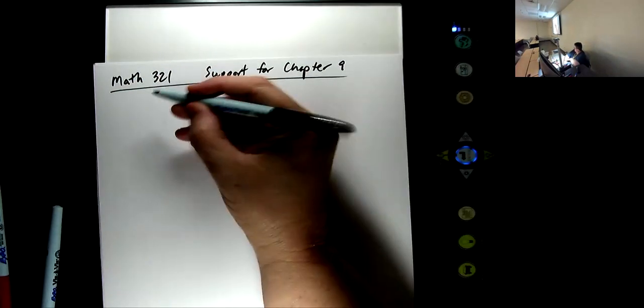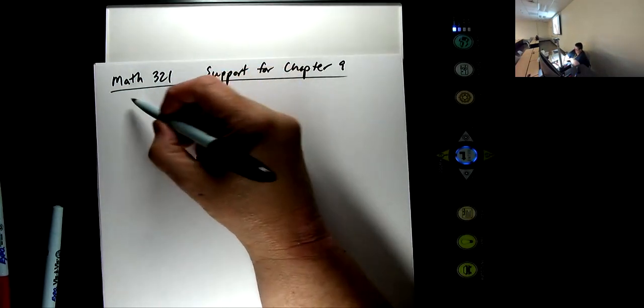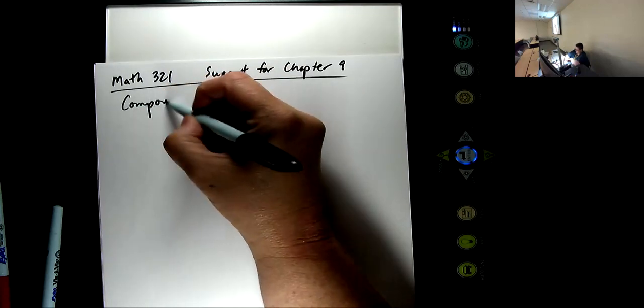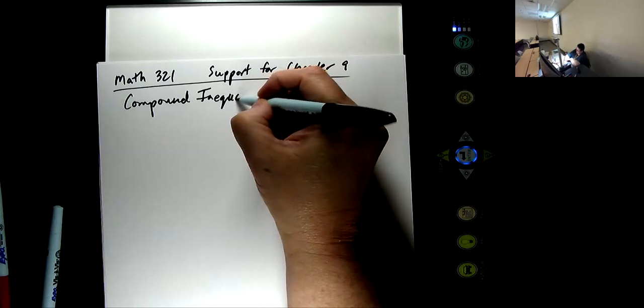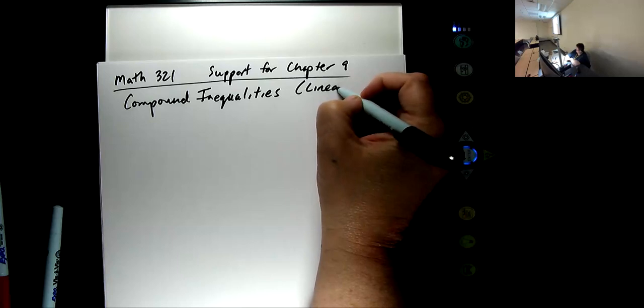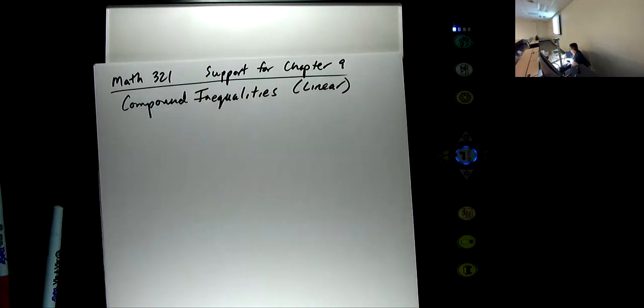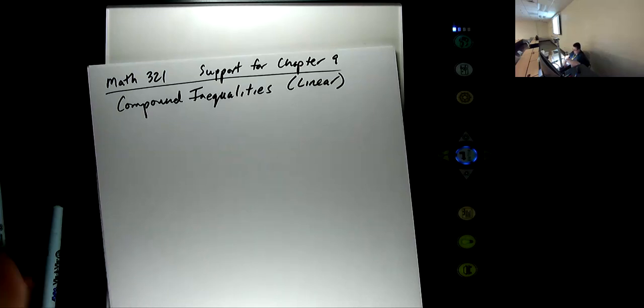All right. So in this section, we have compound inequalities. And these will be linear, so they're related to a line. The main two things we're going to be working with here are intersection and union.